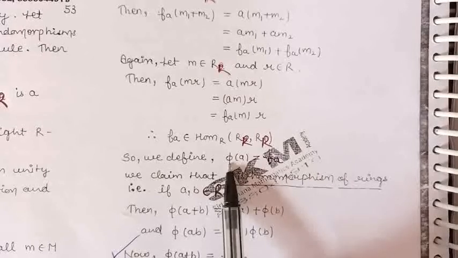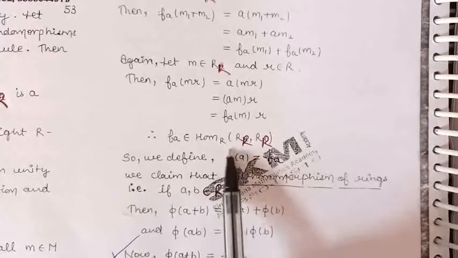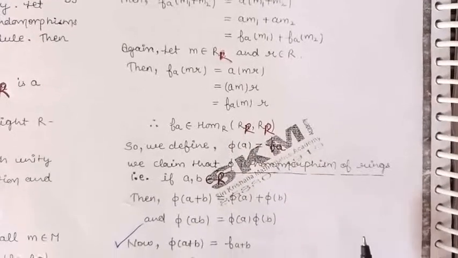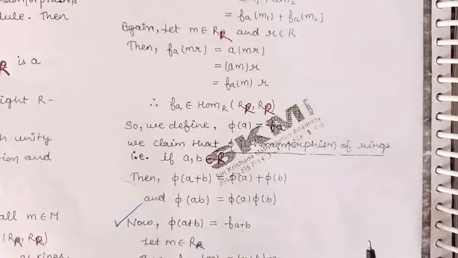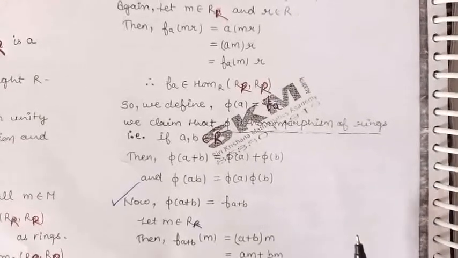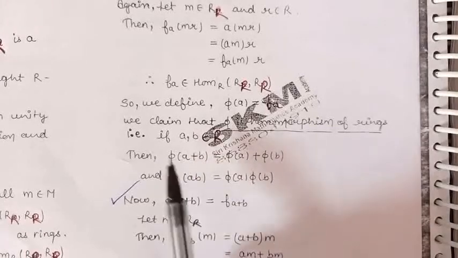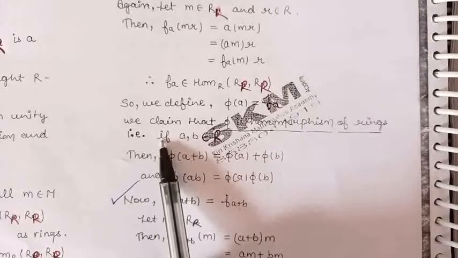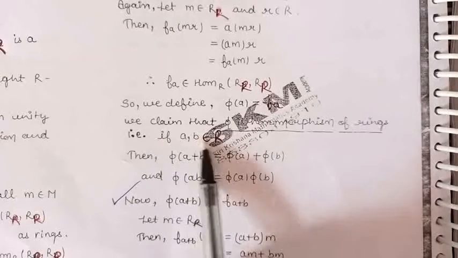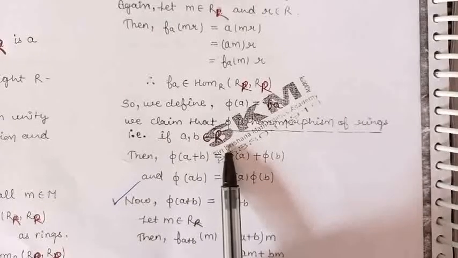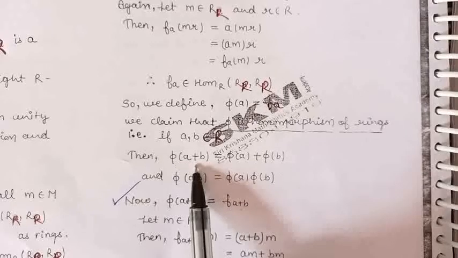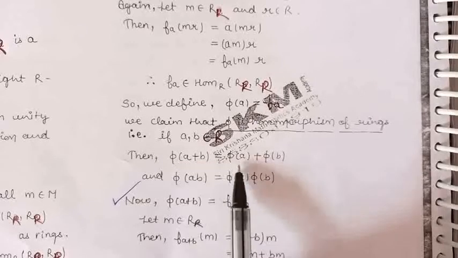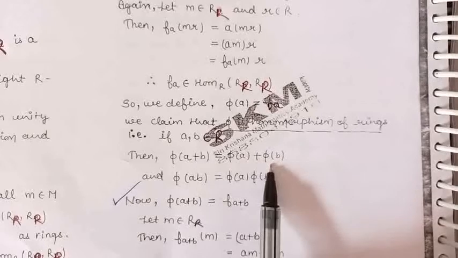First of all, we claim that this mapping phi is a homomorphism of rings. According to the definition of homomorphism of rings, we will have to verify two conditions. In the first condition, we take two elements a and b belonging to the ring R, and we will have to prove that the image of a plus b under the mapping phi is the same as the image of a plus the image of b.